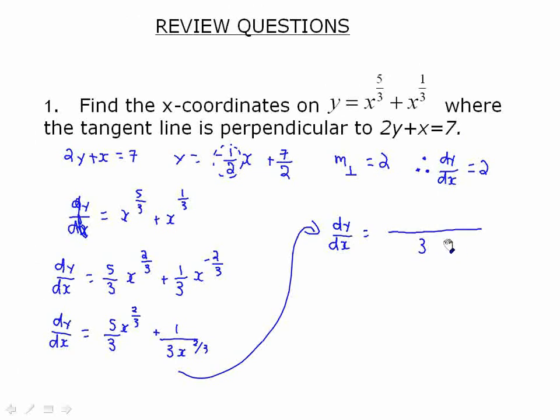Then we also have an x to the 2/3 on the bottom for the common denominator, which means the second term, 1, will stay as is. But the first term, 5x to the 2/3, we have to multiply by x to the 2/3, and we get x to the 4/3.